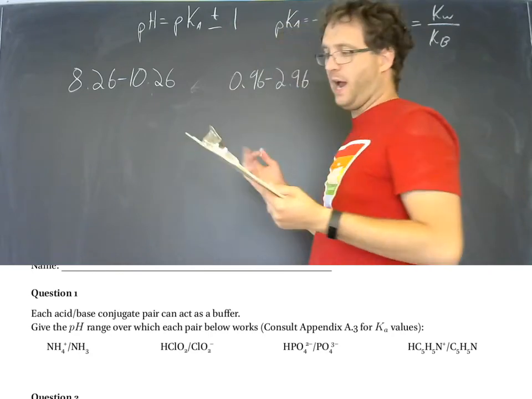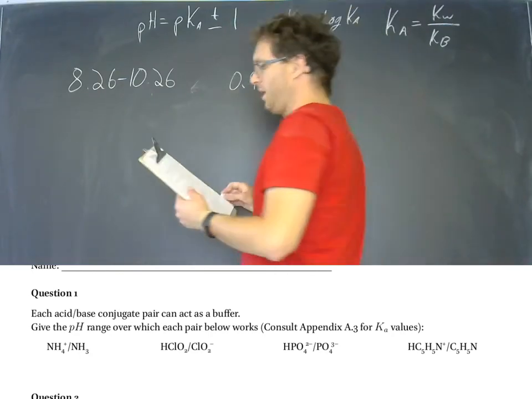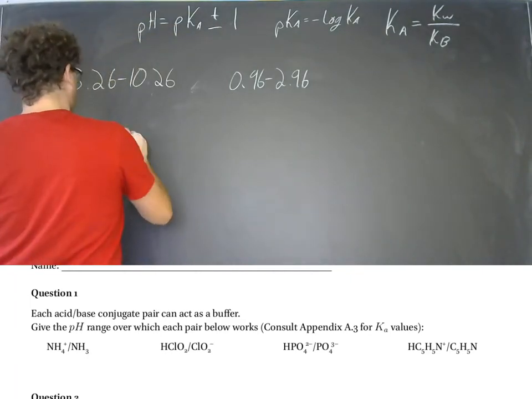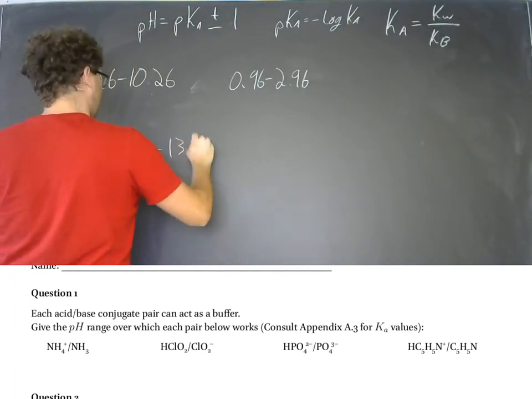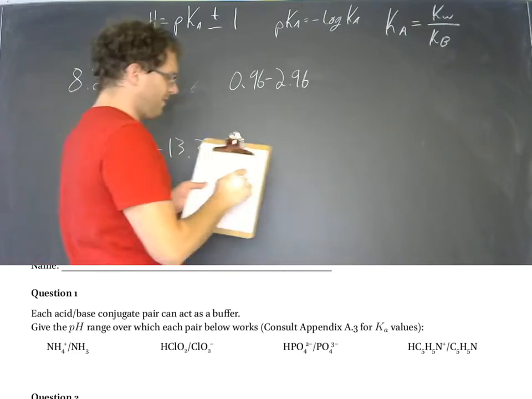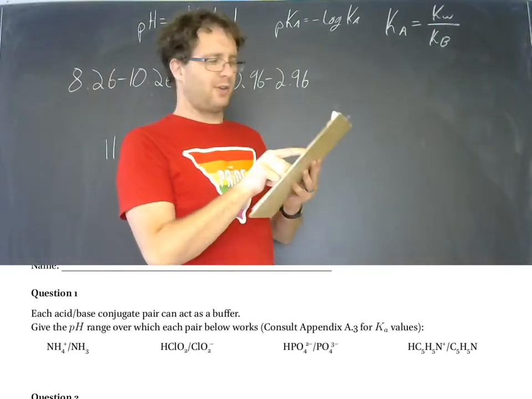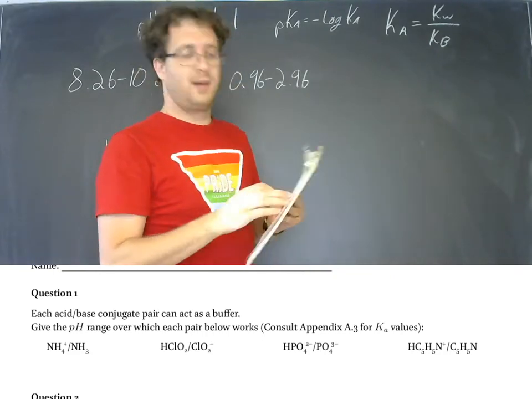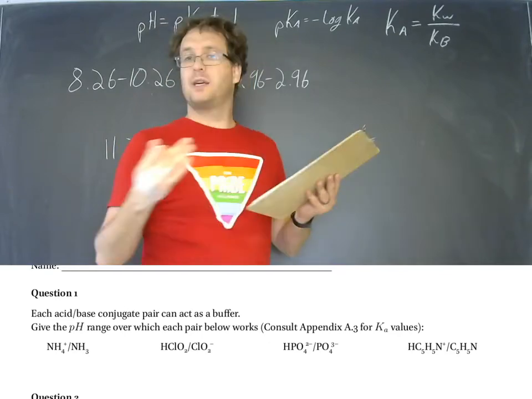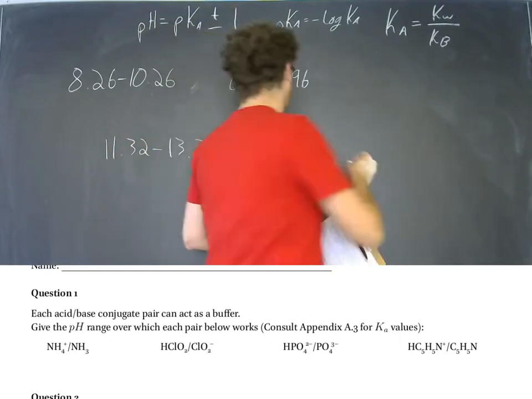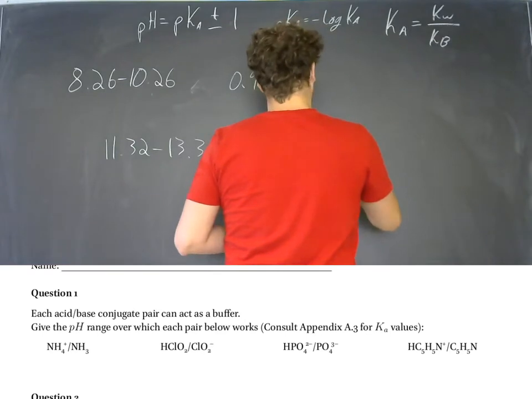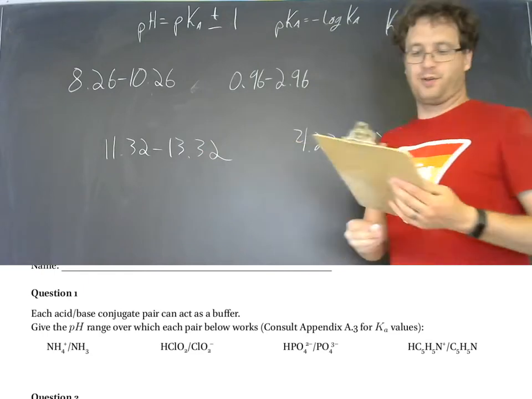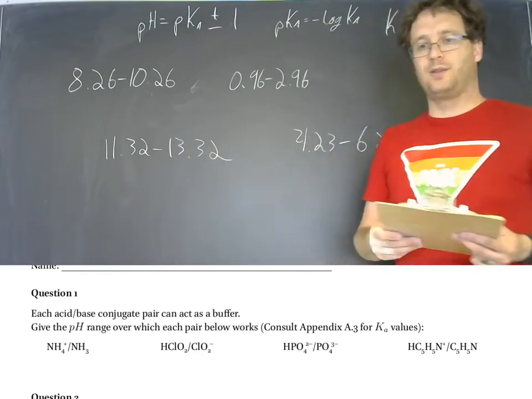For the hydrogen phosphate and phosphate, the pKa is 12.32, so we get 11.32 to 13.32. And then finally, I can't remember what this is even called. It might be pyridine, but this other nitrogen-based base, the pKa is 5.23, so this would be 4.23 to 6.23. Those are the ranges where these buffers will work.